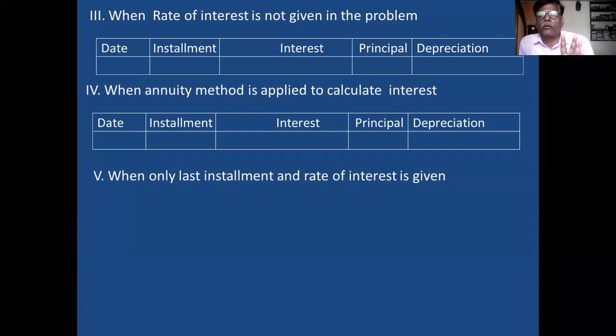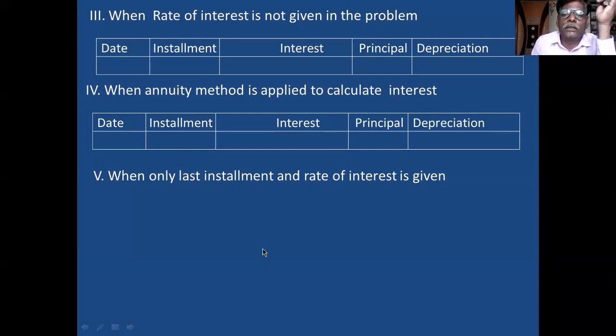They will give you the number of installments. About this type of question, I'll tell you. But they will not give you all the installments and cash price in the problem. Then how to solve the problem?